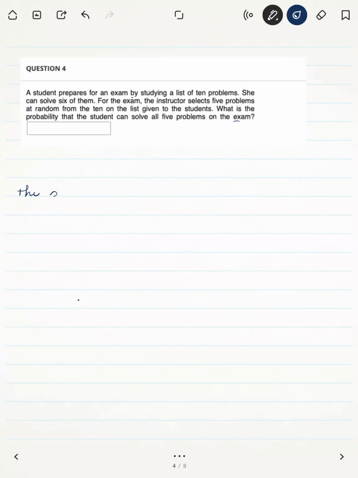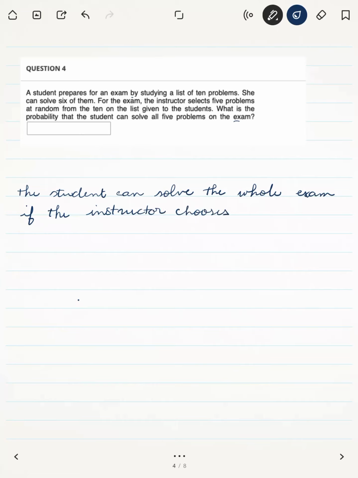The student can solve the whole exam if the instructor chooses the 5 questions from the 6 questions that the student knows, which means by how many ways can we select 5 questions out of 6?